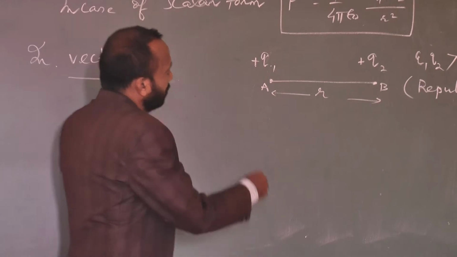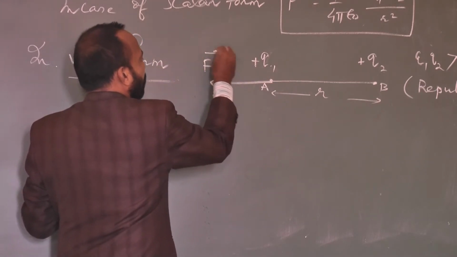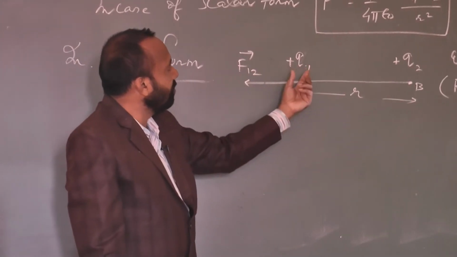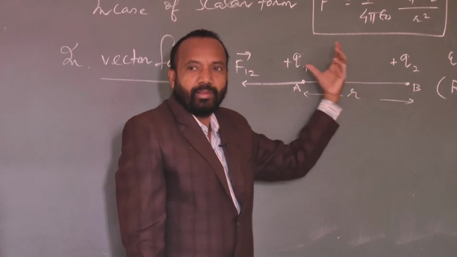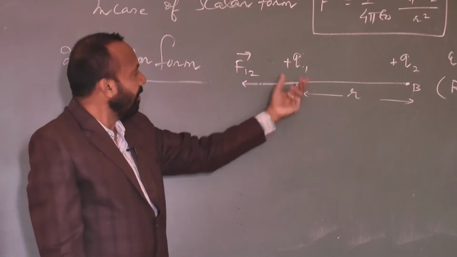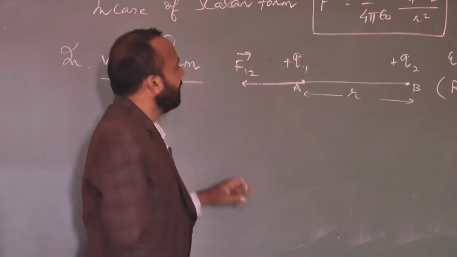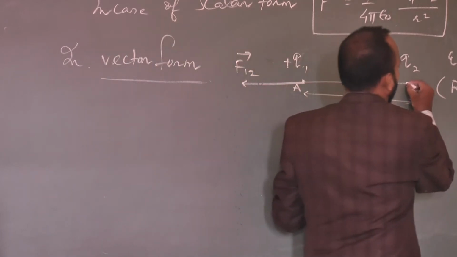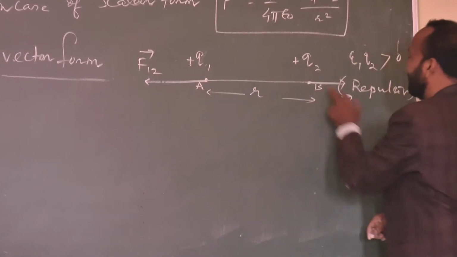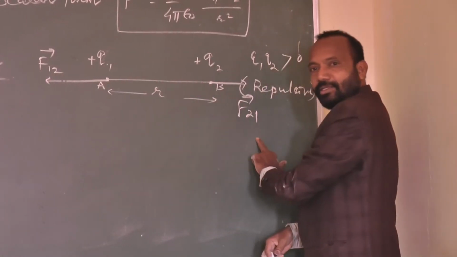Now the force of interaction, F12, will be in this direction. F12 is the repulsive force acting upon q1 by q2. In this other direction, this is F21, the force of interaction upon charge 2 by charge 1.